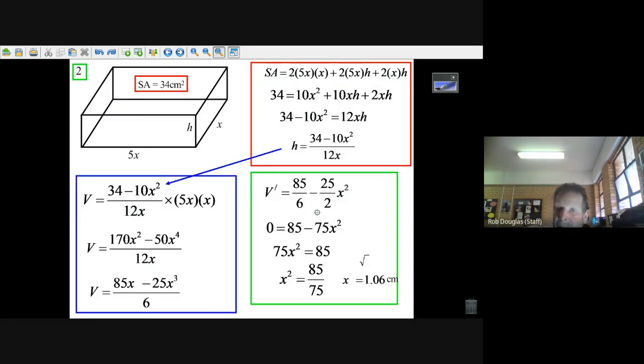Take the derivative, and whenever you let the derivative equal 0, you're finding a maximum, whatever function it is. So that's what we're trying to get. So then we solve that, and our answer is the value of x. It's going to give us the maximum volume.